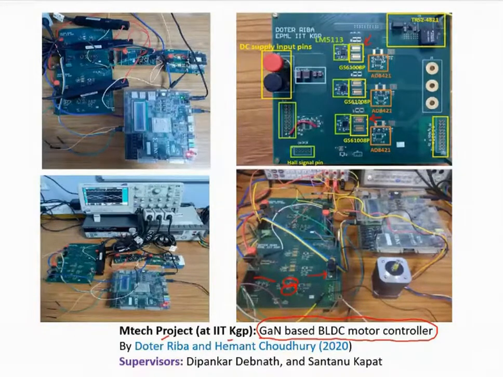And also the driver circuit design. Now there are several companies which give you some ready-made driver circuits, for example, this one from Texas Instruments. So you can combine it with the GaN device. This is the part number for the GaN devices that was used at our lab. And these are the current sensors, current sense amplifiers, and this is a DC-DC converter to give auxiliary power supply to the ICs and to your driver circuit.